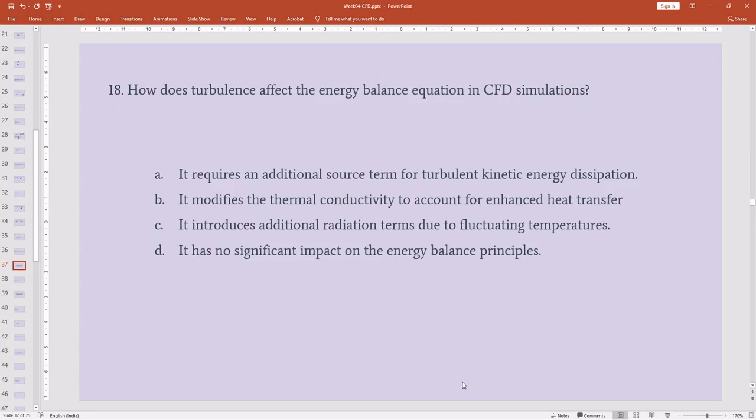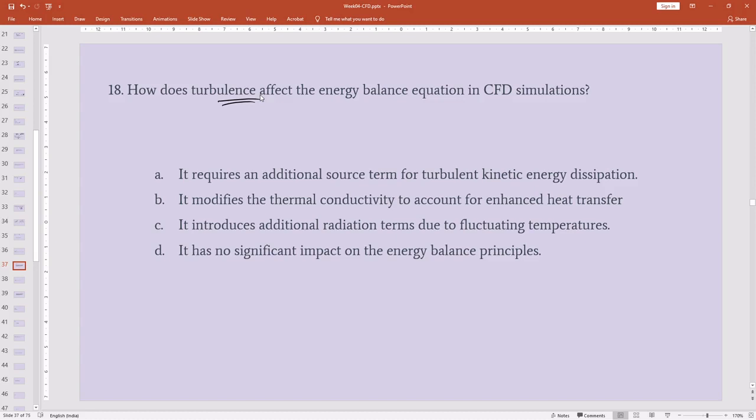How does turbulence affect the energy balance equation in CFD simulations? If there is turbulence, first thing, in which term will the turbulence effect be? With that, try to answer the question.